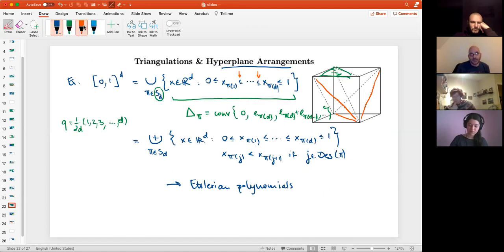I claim that the simplices over here are convex hulls of, well, you take the origin and then a unit vector and you keep adding unit vectors. So if you write this as a matrix and you reshuffle that matrix, you see an upper triangular matrix with ones on the diagonal. So that's a unimodular simplex. And so this standard triangulation of the unit cube is in fact a unimodular triangulation.